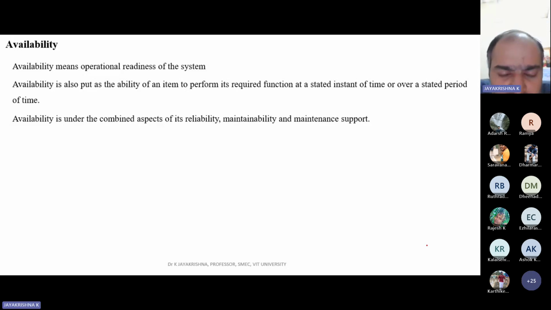Right? At any given instance, the machine should be available, and to ensure the availability, the machine should be reliable. It should be maintained properly, and it should allow me to maintain it properly. So reliability, maintainability, and maintenance support should be there to ensure the availability of the machine. So availability means operational readiness of the system.